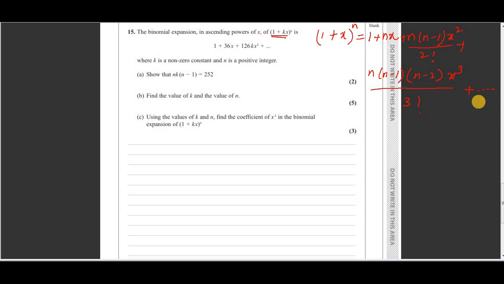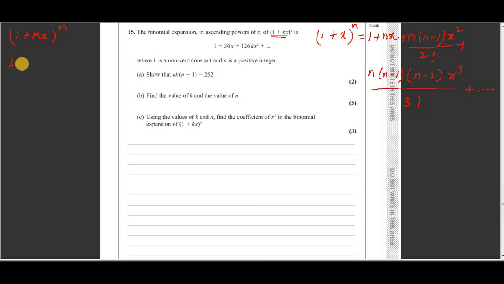You can keep going on. I need to expand till 3 terms, so I can apply this binomial expansion to 1 plus kx whole power n.